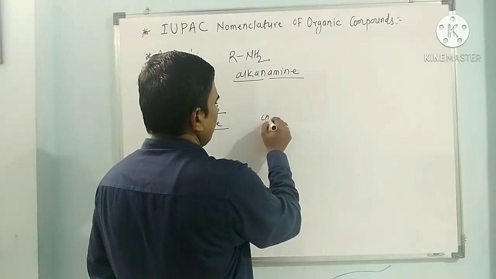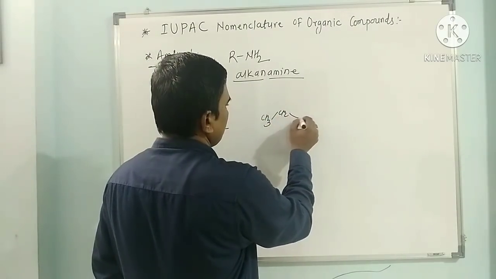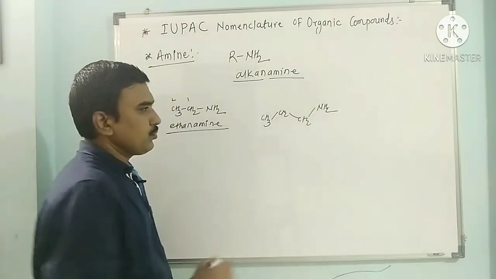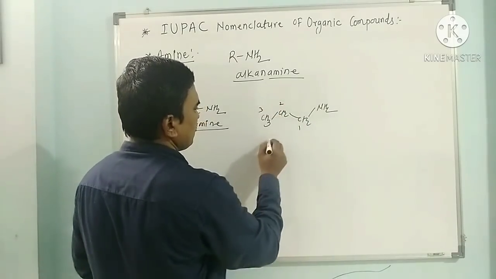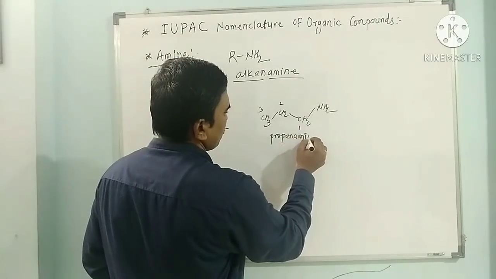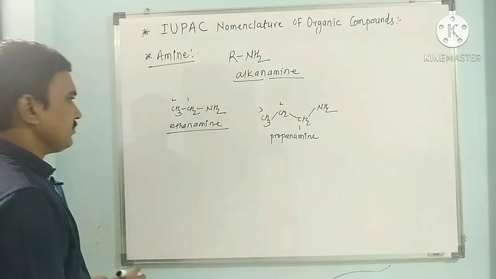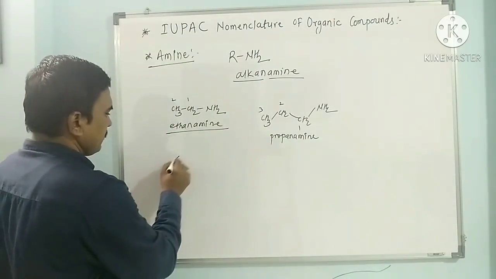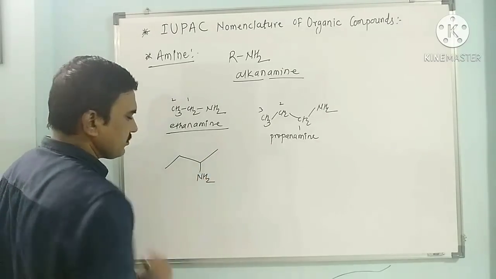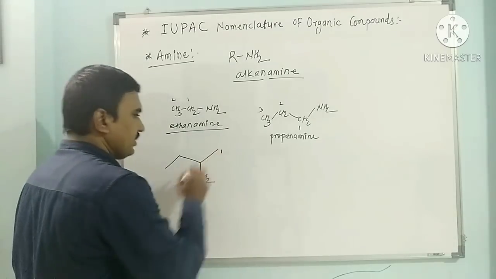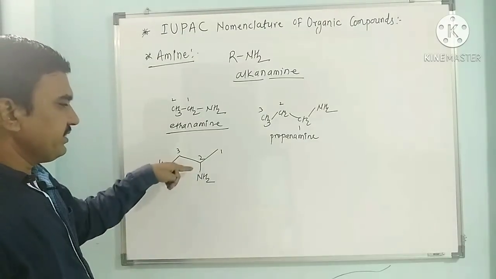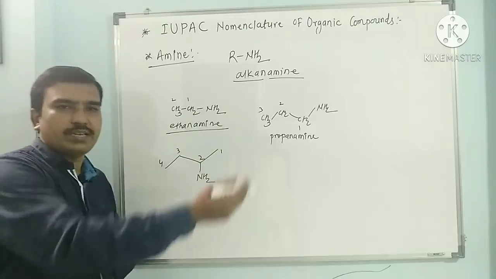In the next example, CH3CH2CH2NH2, this is propanamine. If I have NH2 here, then this is carbon number 1, 2, 3, 4. So this is butane-2-amine or 2-butanamine.